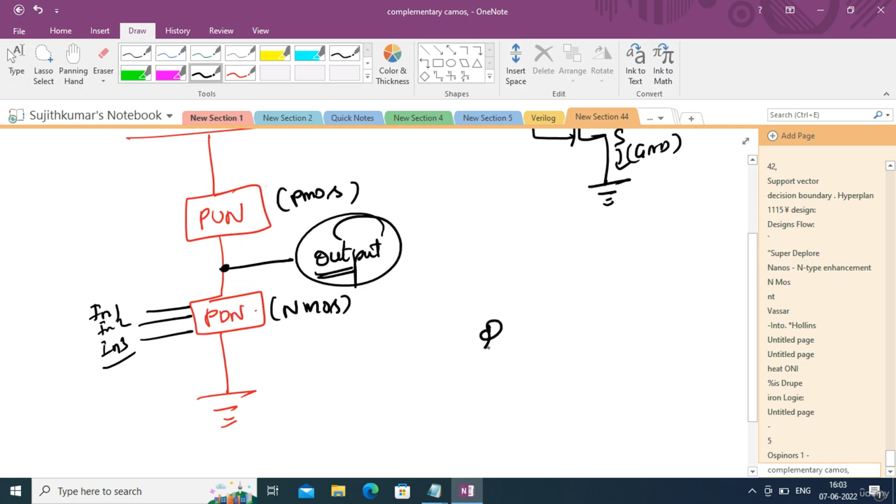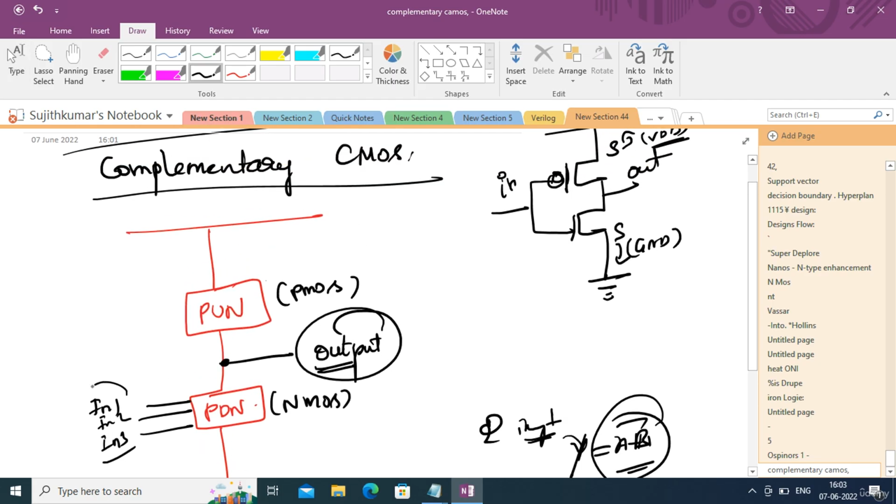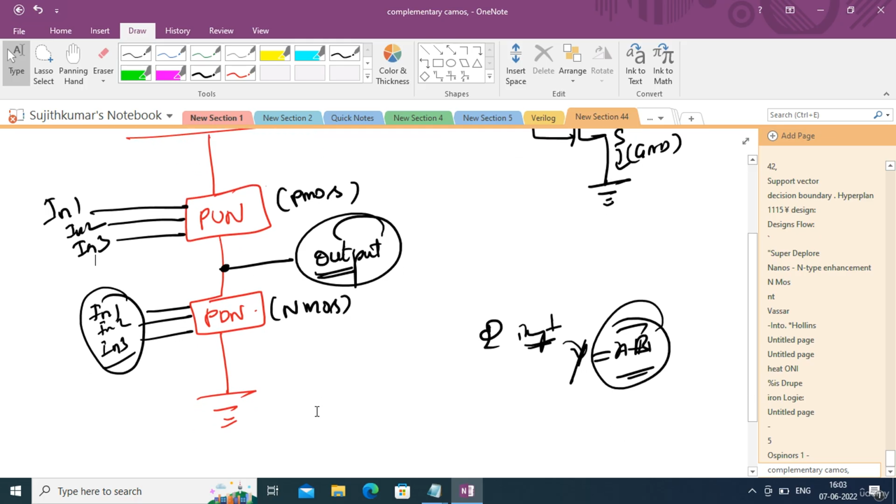For example, when you want to implement a 2-input NAND gate, the logic is y equal to (a and b) the whole bar, so in that case you need 2 inputs. Likewise, whatever inputs you give to the pull-down network must be given to the pull-up network also. That is how the design should go on. So this is the basic structure of any complementary CMOS circuit.